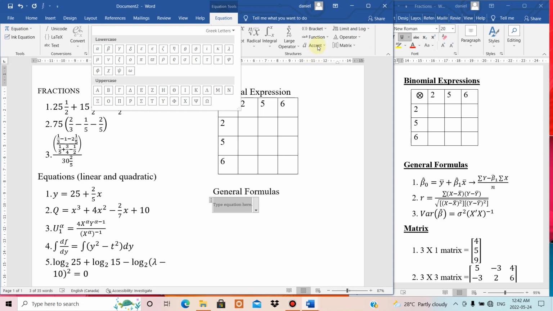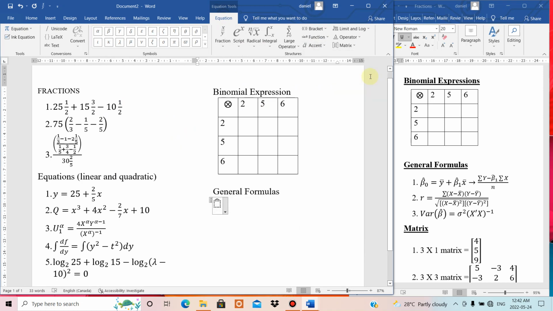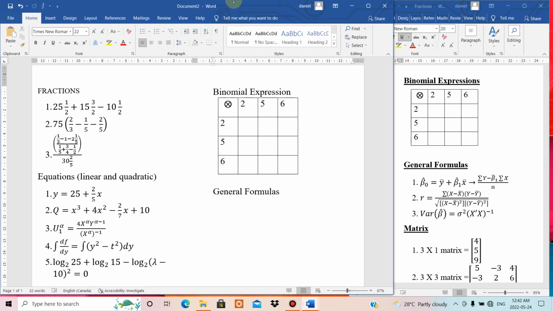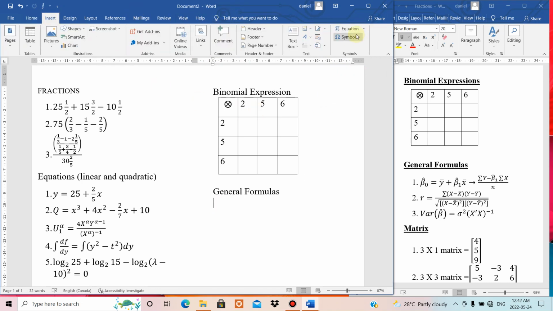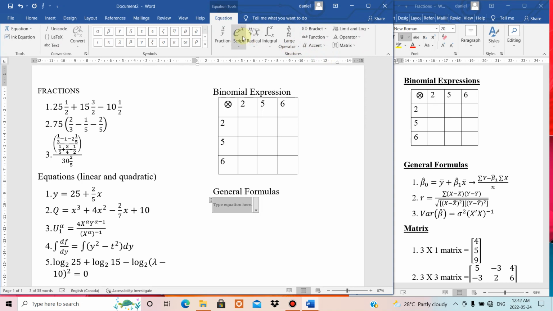So quickly, before we type that, let's look for the hat. That is the hat sign. And also, let's do it right, it has a subscript.